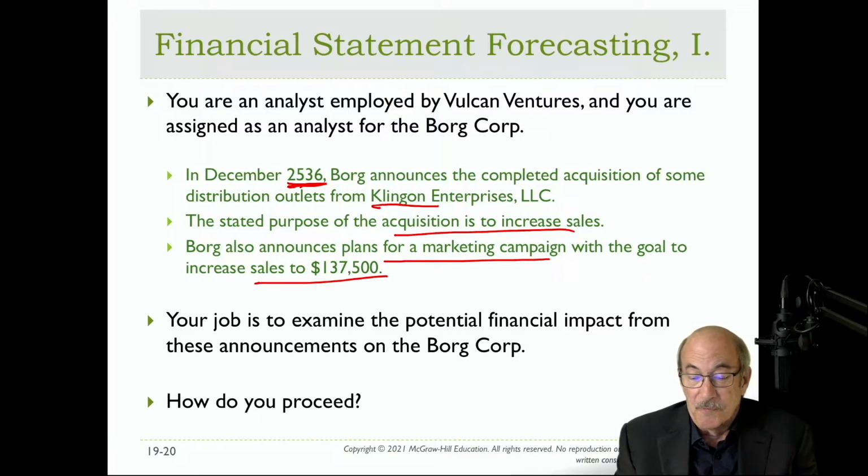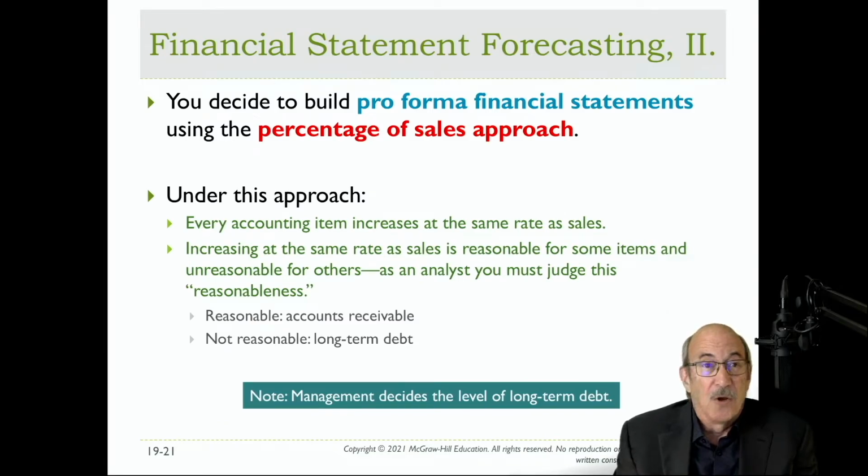Okay, so what do we do? How do we proceed? Well, we've got a couple of ways we can do pro forma financial statements. One of them, and this is probably what the accountants in the room are more familiar with, is called the analysis of accounts. It's a very detailed, very precise way of estimating your cash needs over the next 12 months.